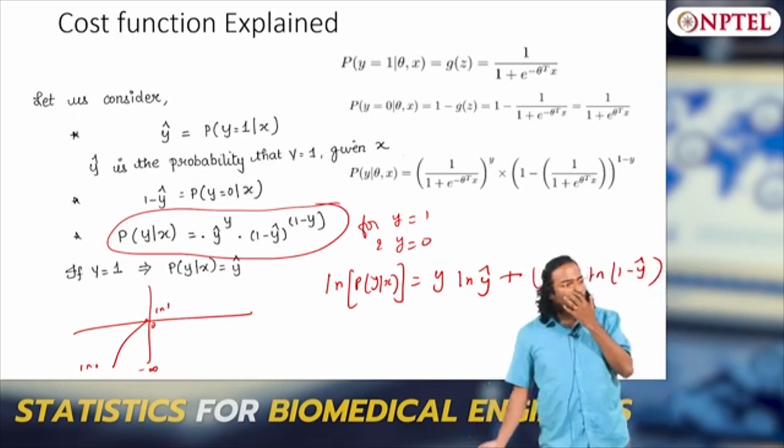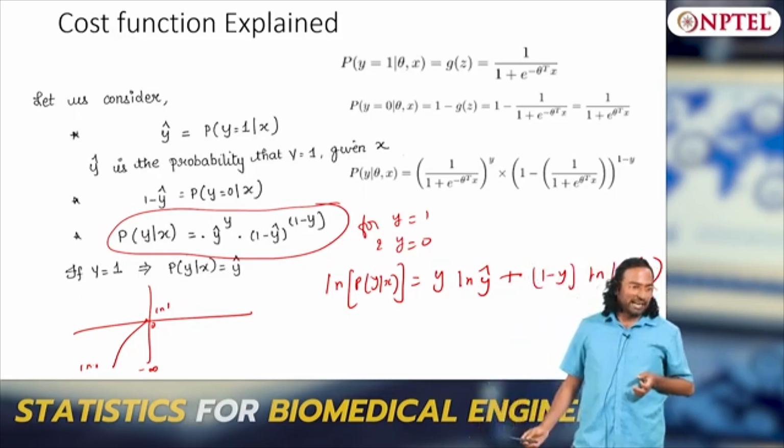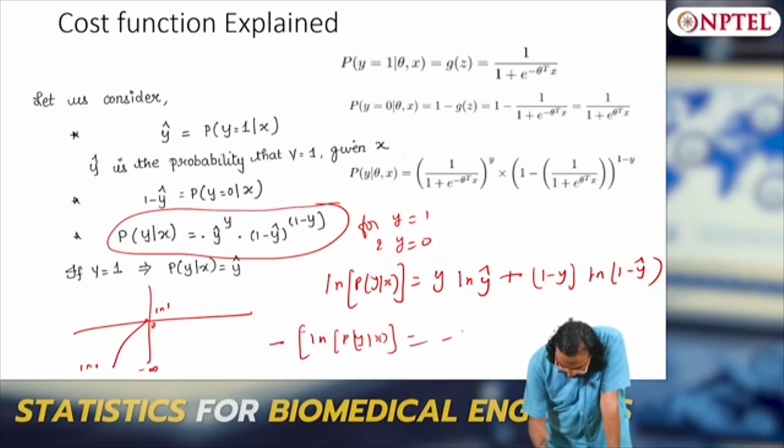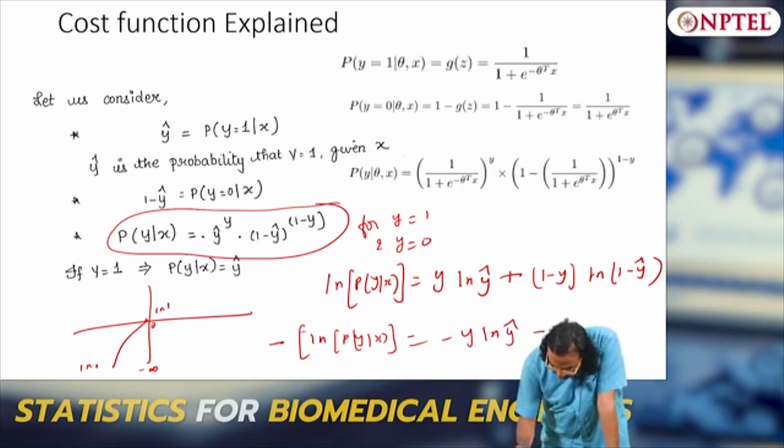So to keep it positive I take a negative sign. So what will I have? Multiplying throughout, I have minus y ln y hat minus 1 minus y ln 1 minus y hat.